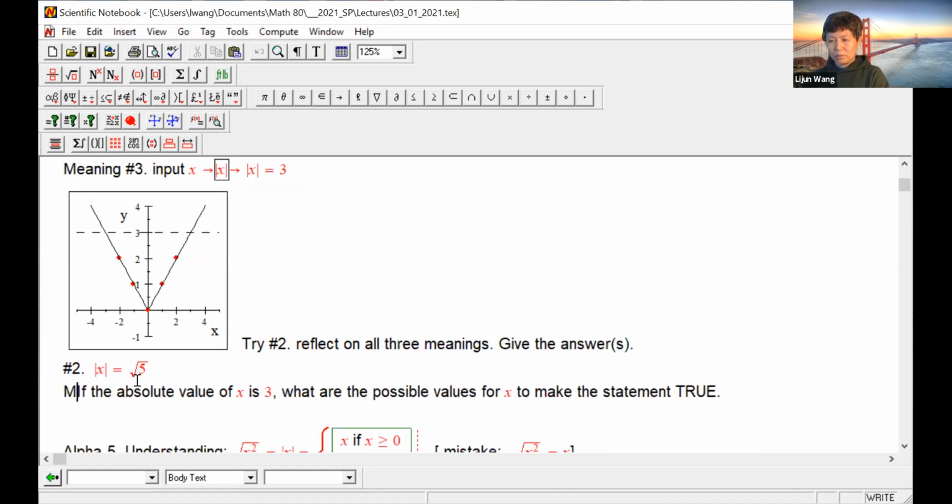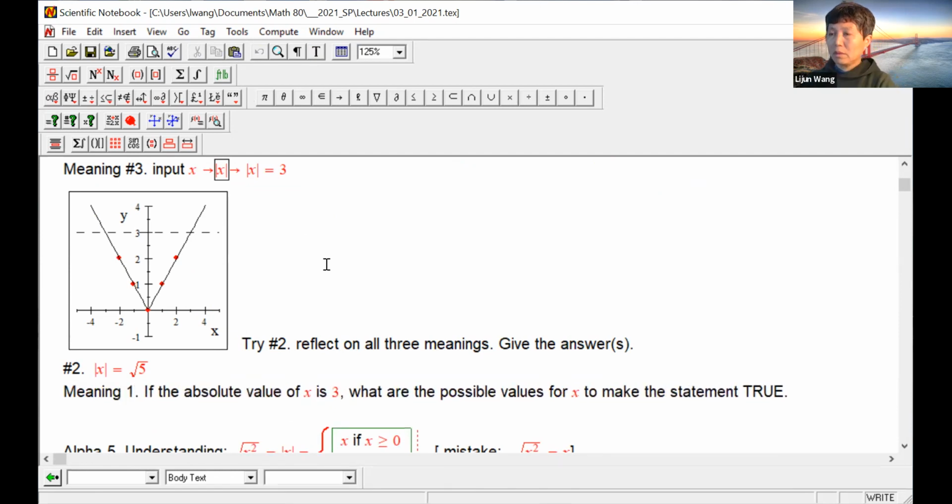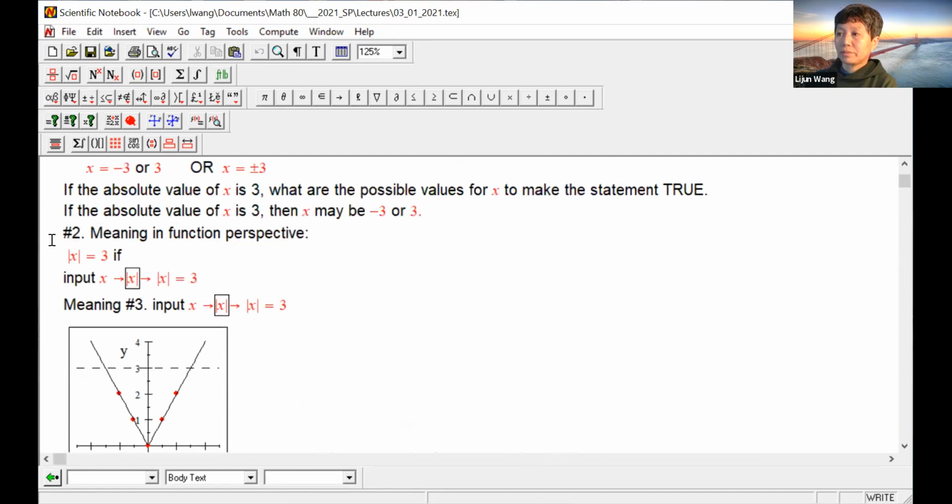Meaning number 1. Meaning number 2, the function perspective: what input will cause the output to be 3, meaning in function perspective.